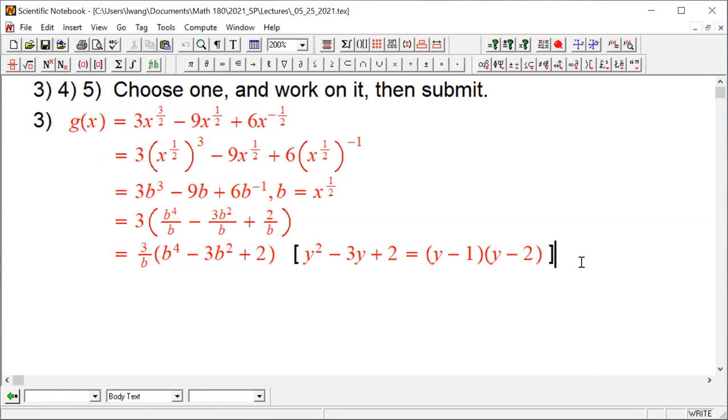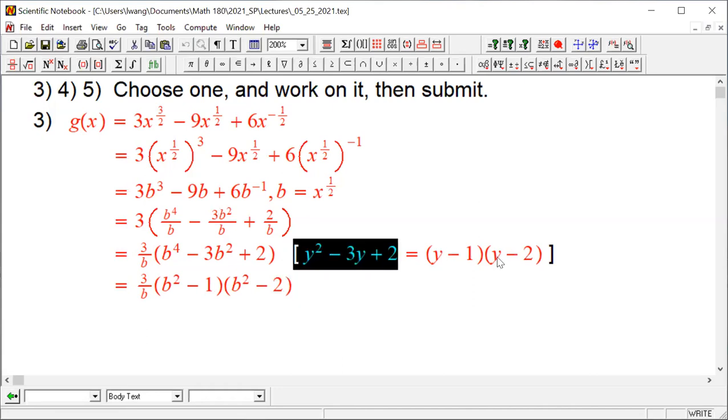This is one of those typical examples where in the end, you actually get the factors. So you have a 3 over b, and now you're going to have b squared minus 1 multiplied by b squared minus 2.